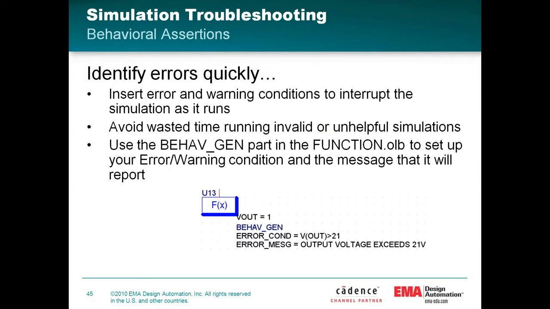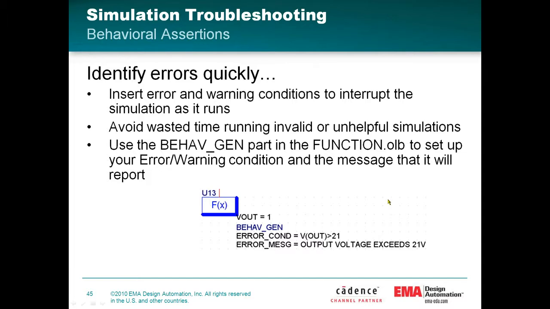Another thing you can do, if you want to identify errors quickly, if you're having some issues, is use a behavioral generator to basically stimulate the circuit and then stop at a particular point where you know there's a problem. For instance, in this case, if the voltage exceeds 21 volts, you know that there's a problem. You just want to stop the simulation. So you can use behavioral models to do this.